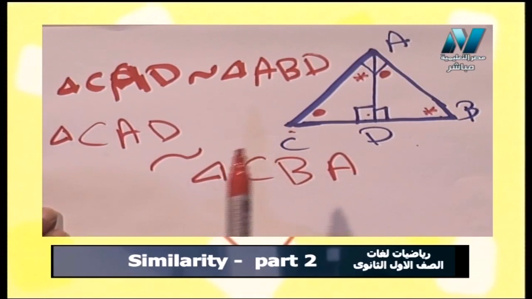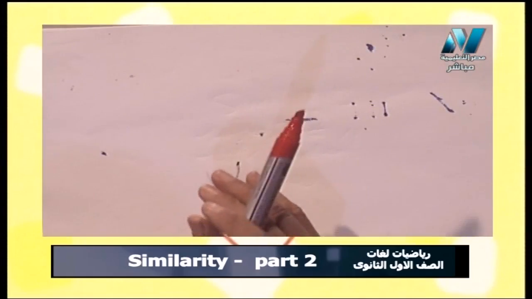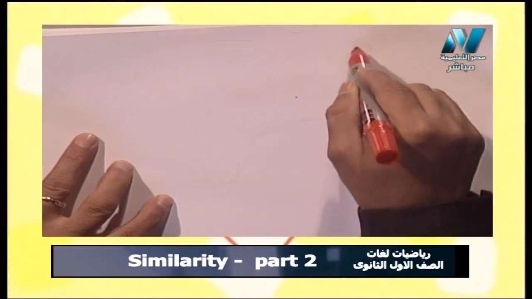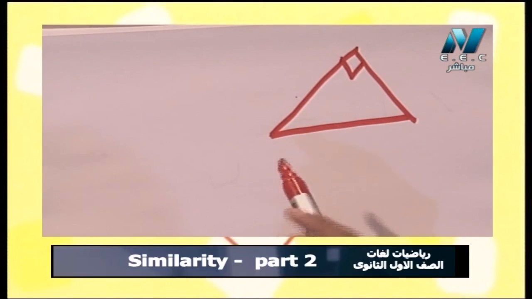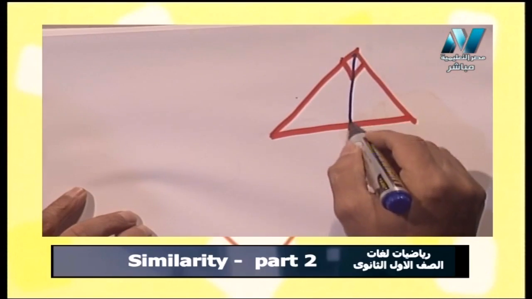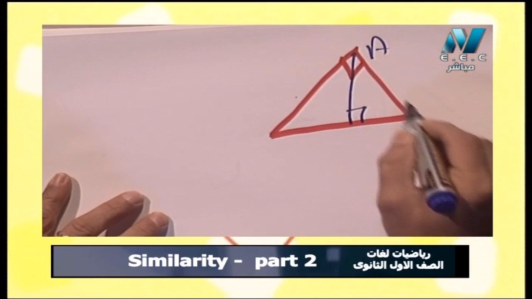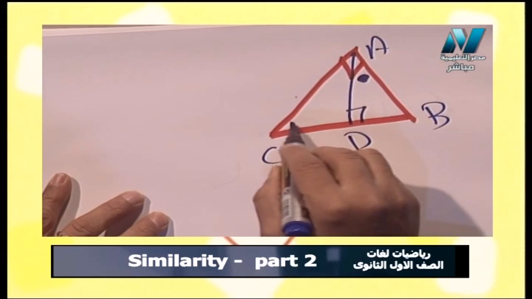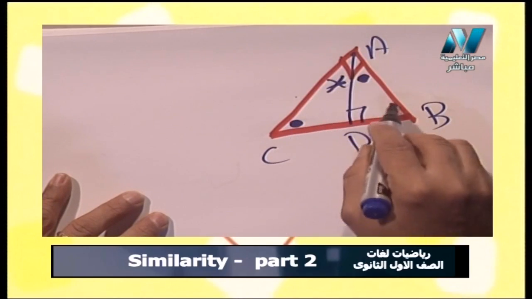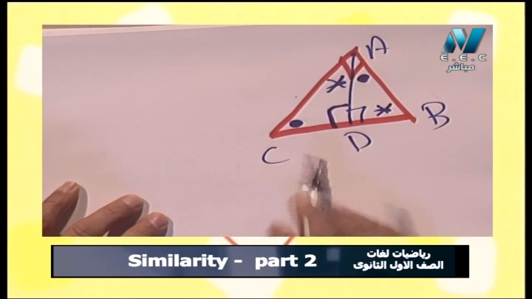Okay, let's draw them again. Yes, we have here the original triangle again, which is right, and we draw perpendicular from it here, A, B, C, D, and don't forget that this angle equals this one, and this star angle equals this one, and this is right also.